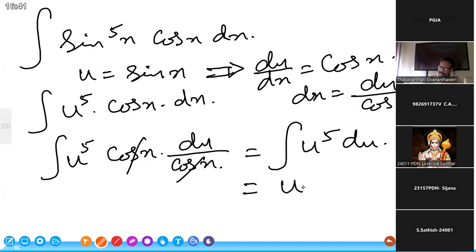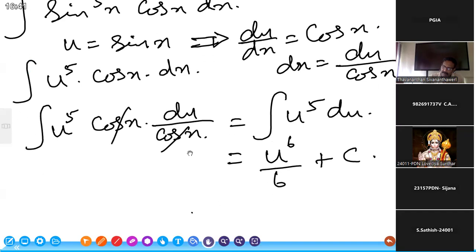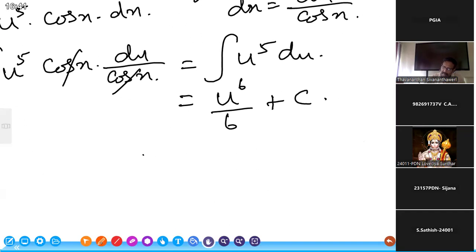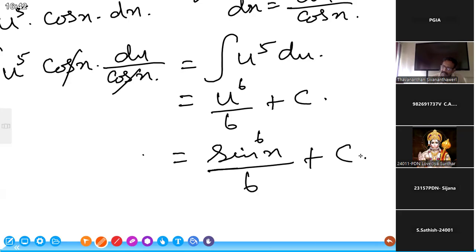That is u to the power 6 by 6 plus c. Again, go back and place u as sin x: sin to the power 6 x by 6 plus c.